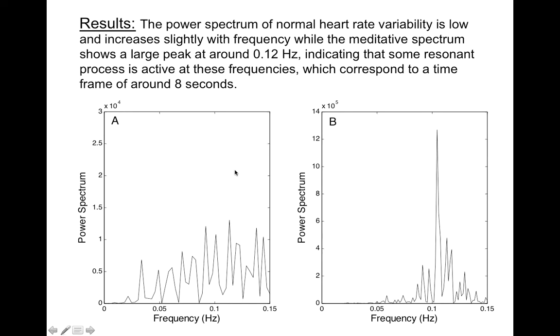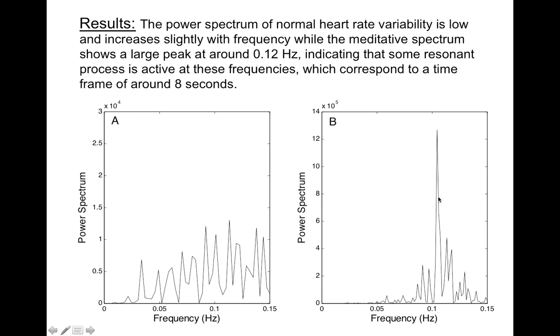So the comparison is on the left we have just normal heart rate variability, and on the right we have that heart rate variability during meditation. So what we're looking at is there's a big peak here when people are meditating with their heart rate variability.